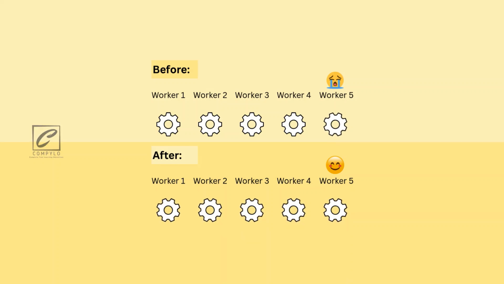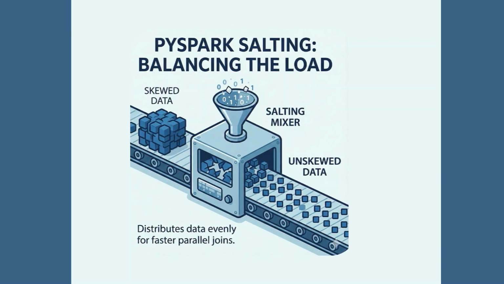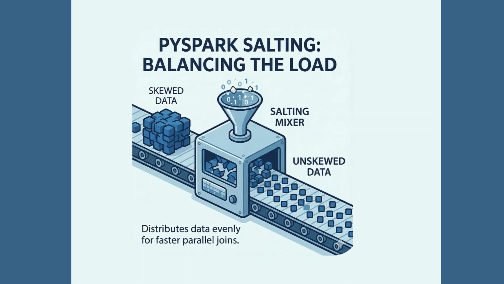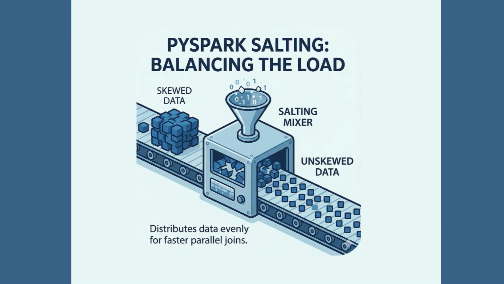dollars. Now that you understand how salting works, the next obvious question is, what exactly is a salt factor and how do we choose the right value? See, the salt factor, often called the number of salt buckets, is simply the total number of random variations or suffixes we choose to create.